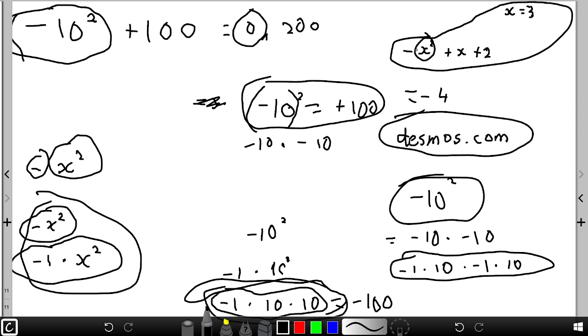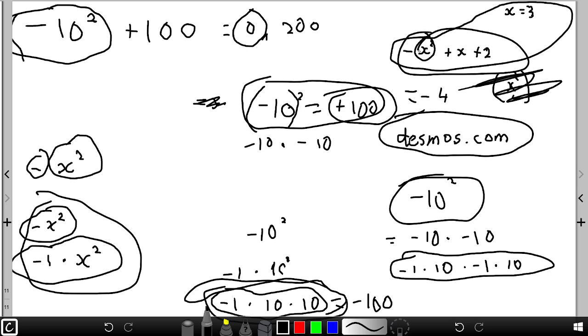So why does it change when x is a number? Why does it turn to positive 100? If it didn't, the correct way of writing that quadratic would be negative, bracket, x squared, is what you would have us write. But no, you just write it like this.